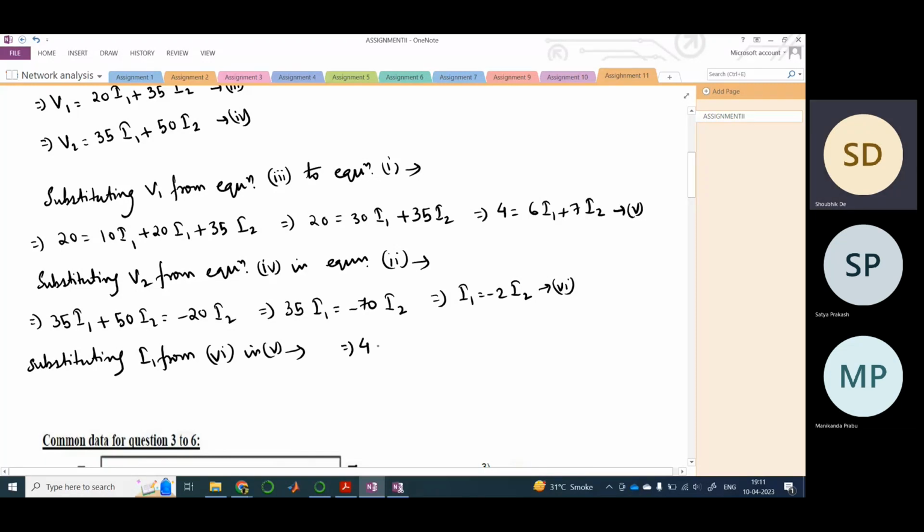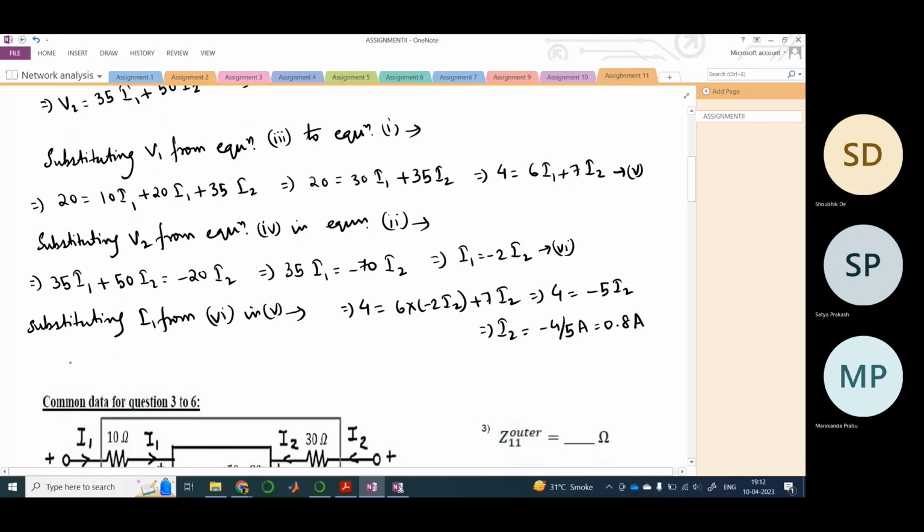So this would become 4 equals 6 into minus 2 I2 plus 7 I2, right? So this would become minus 12 plus 7 is minus 5 I2, right? So I2 as a result would become minus 4 by 5 amperes, which is your 0.8 amperes.